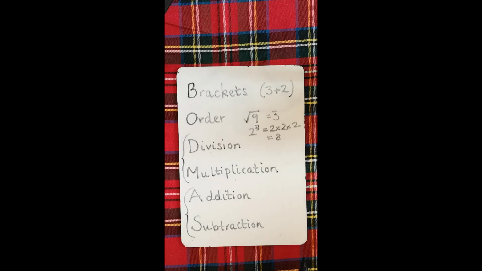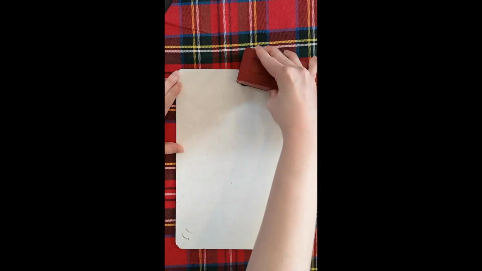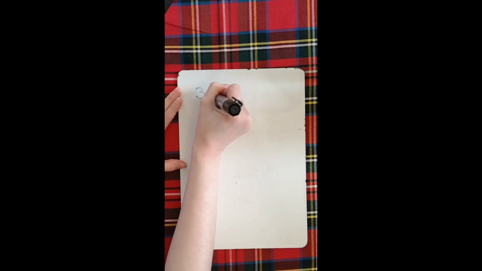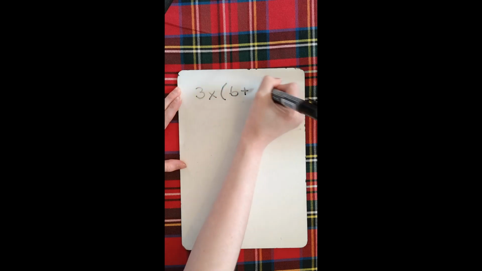Let's have a look at some examples to get us started. My first calculation I'm going to look at today is 3 times, and in brackets we've got 6 plus 5.